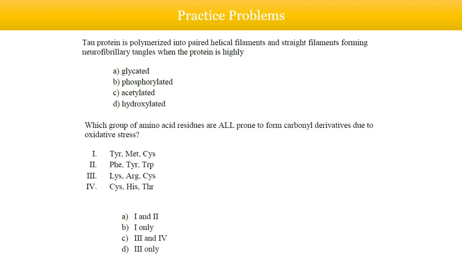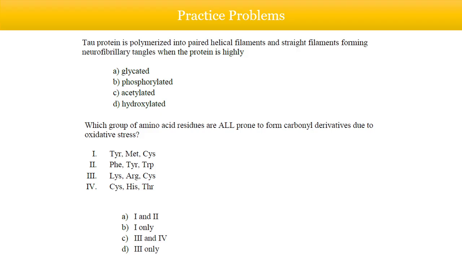So tau proteins become hyperphosphorylated, which leads to aggregation into paired helical filaments and straight filaments, forming neurofibrillary tangles. This is a key process and a pathological hallmark in Alzheimer's disease and tauopathies. So phosphorylated is the correct one.